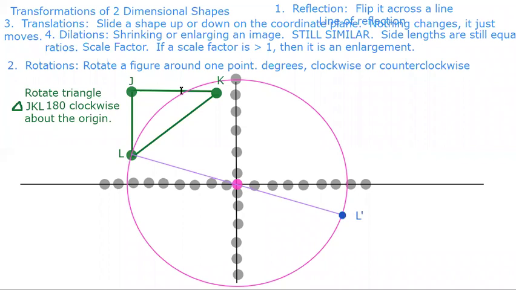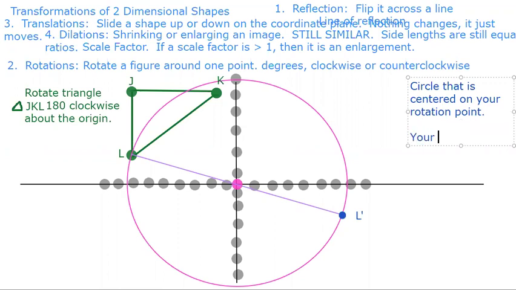All right, I have to move all three of these points 180 degrees around this circle. So I need a circle centered at my rotation point. To do a rotation, you need a circle that is centered on your rotation point, and your point, your vertex, must be on the circle.